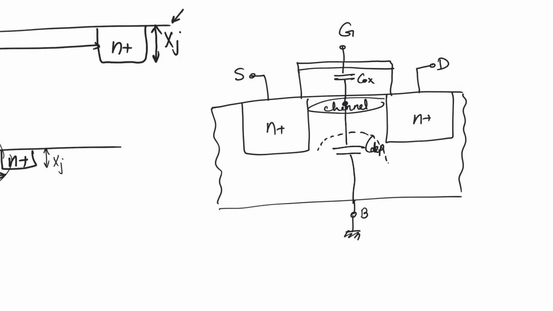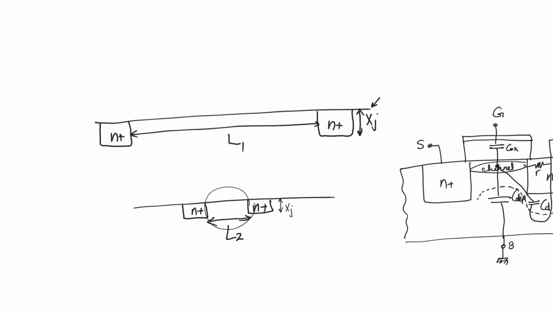There's a third capacitor as well, which normally doesn't play any role in a long channel transistor, but here it does play a role. And this capacitor is a stray capacitor through the drain, and then through this depletion zone, and then to the channel. And we will call this CD. And so you will notice that the drain has a resistive path to the channel, and it also has a capacitive path to the channel.